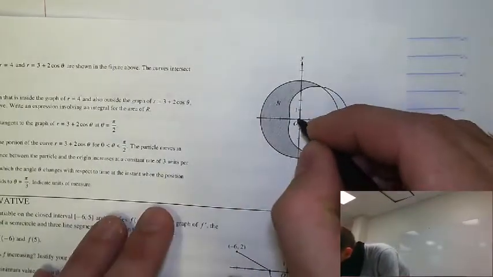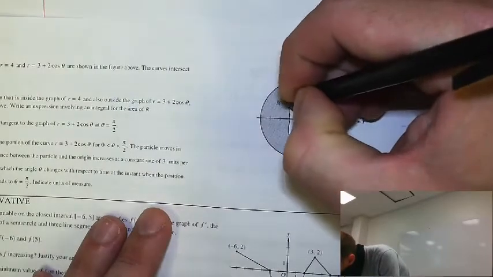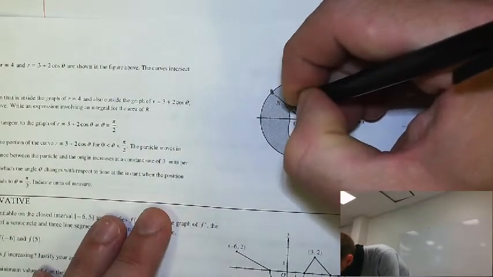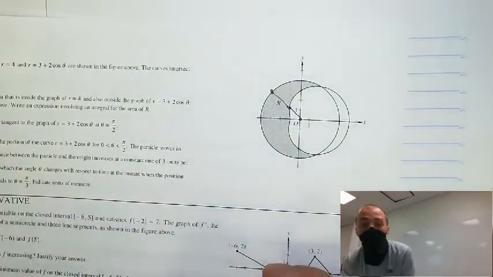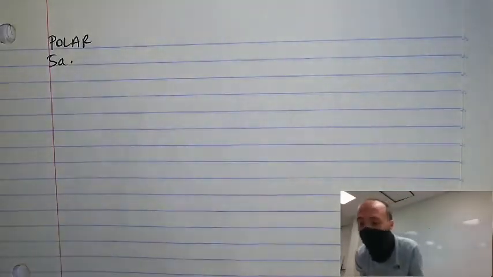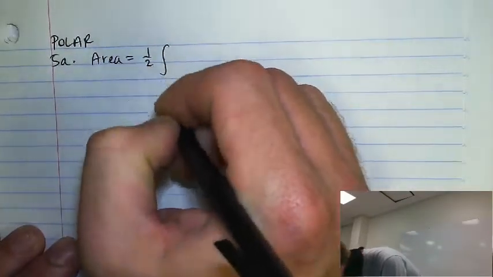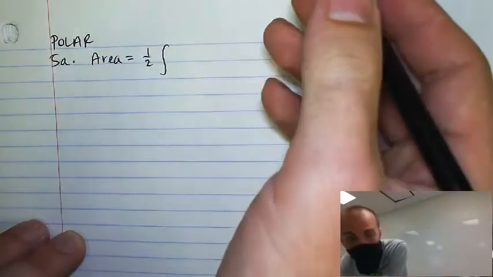What I need to point out to you is when you start here at the pole and you reach out to the far edge of the region you're interested in, you hit both curves. And that's where we're going to need to use the difference of two integrals. We're going to need to subtract inside the integral. So this area is equal to 1/2 the integral from theta 1. They tell you what the two theta values are.